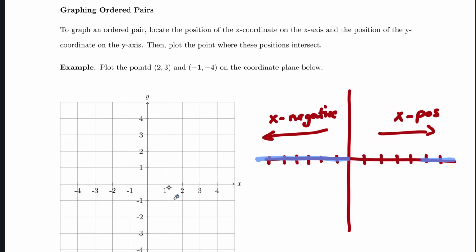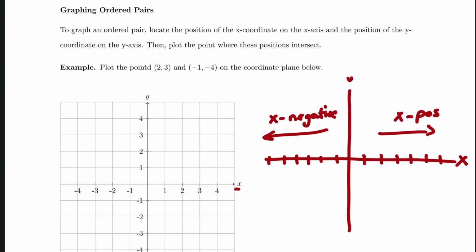That's why you can see that here this first tick mark is 1, this one is 2, this one is 3, this one is 4. But as we move in the backwards direction, do you see now we have negative 1, negative 2, negative 3, negative 4. So the horizontal is the x-axis, which we see marked here. Now the vertical is the y-axis.